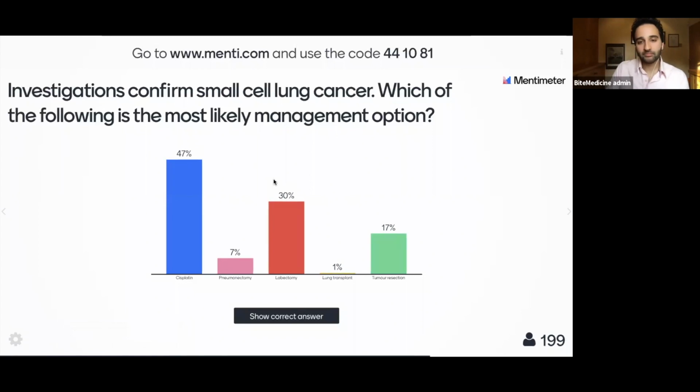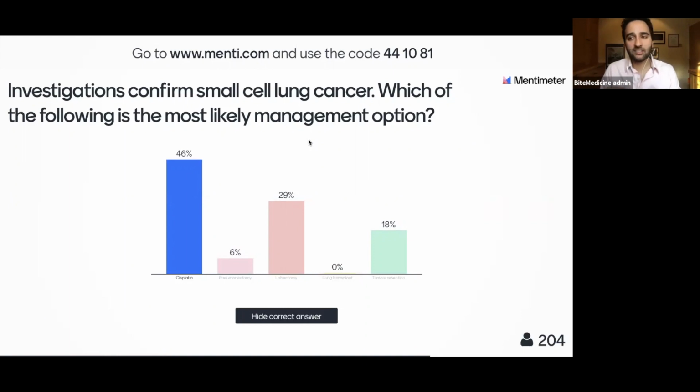Okay. So the majority say cisplatin. Some of you say lobectomy. The correct answer is cisplatin. So cisplatin is a form of platinum-based chemotherapy. Obviously, this is a simplified question in that every patient should be managed as an individual, but like we talked about before, patients with small cell lung cancer often present with very advanced disease, maybe metastatic, and it is generally associated with a poor prognosis.